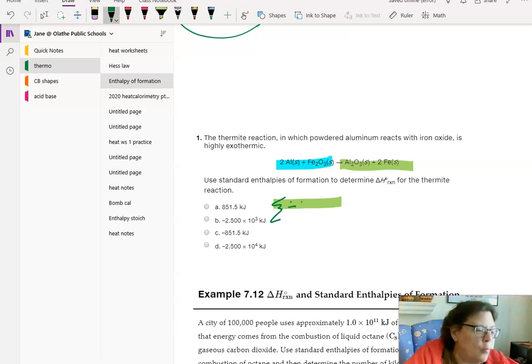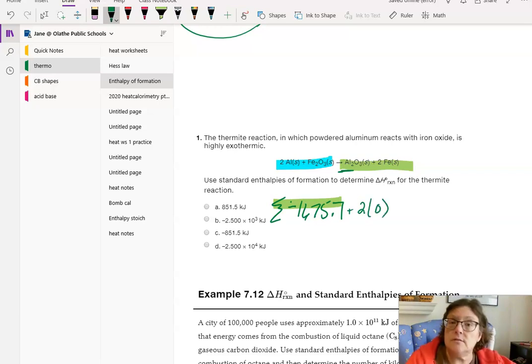It's negative 1675.7, and there's only one, so we don't need to multiply by anything. And we're going to add to that 2 irons. That's iron in its elemental state, a solid at room temperature, so it's a 0.